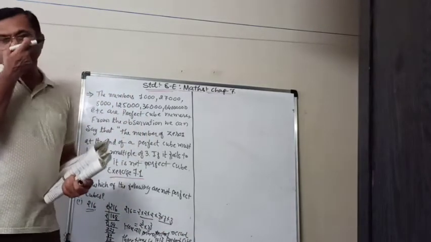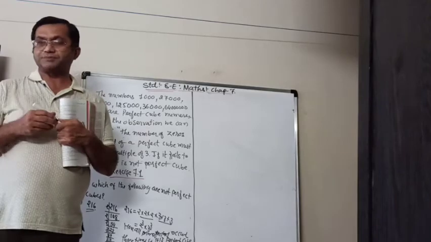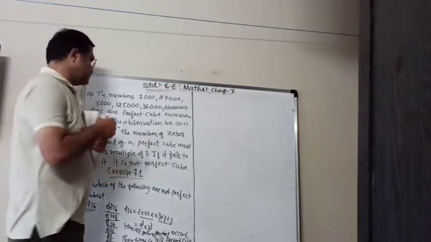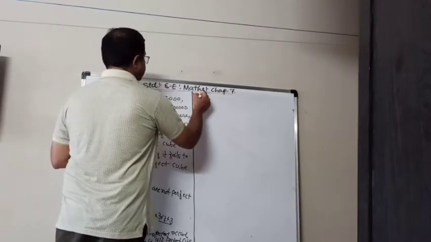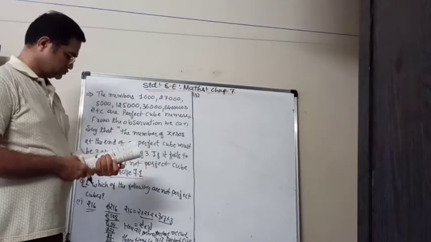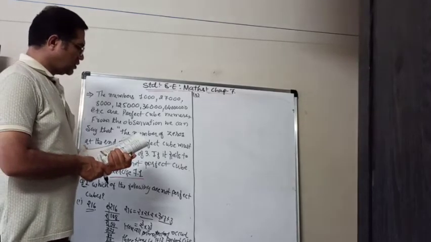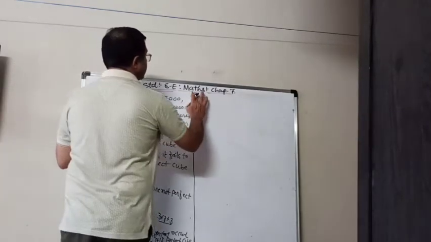So when all the prime factors occur 3 times, then it is a perfect cube. Let's check the third number. Or let's take the second one, 128.